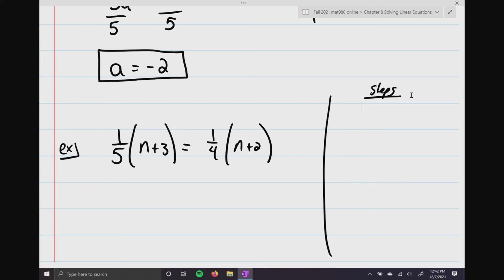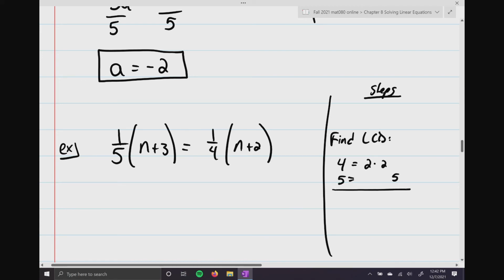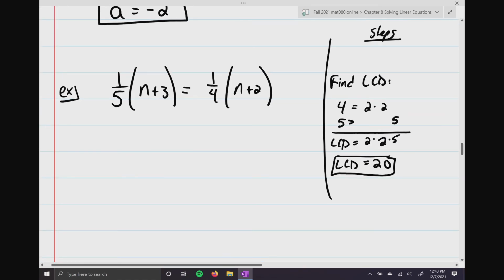All right, so let's start off with our steps. Step 1, let's find our LCD. All right, so we'll do 4. 4 is 2 times 2. 5, remember, leave yourself a little bit of space. So the LCD is going to equal 2 times 2 times 5, or my LCD is going to be 20. Now remember, we are going to follow our steps.